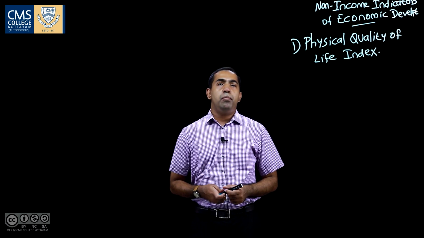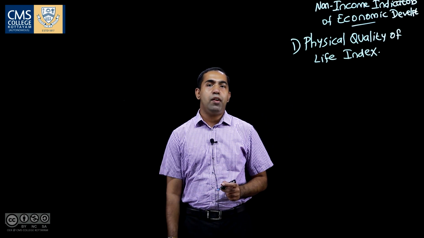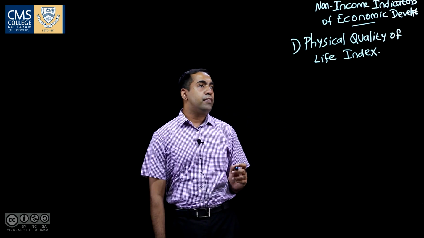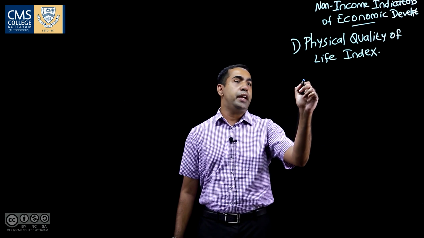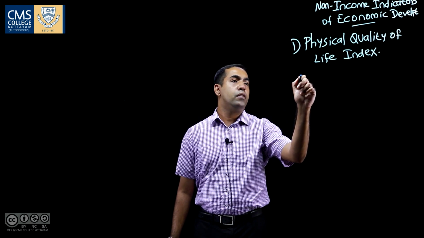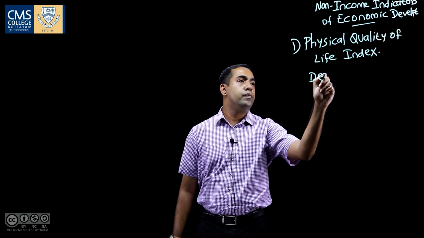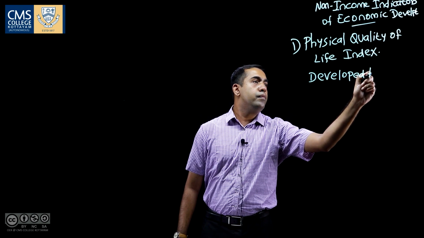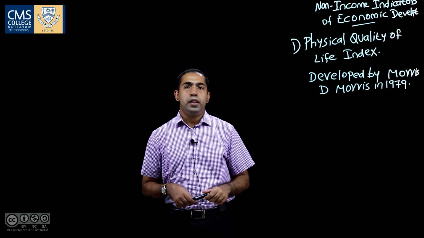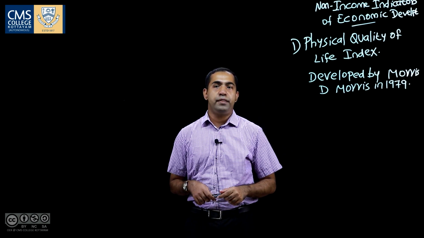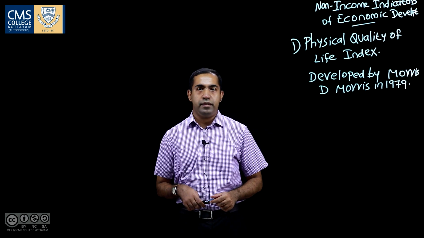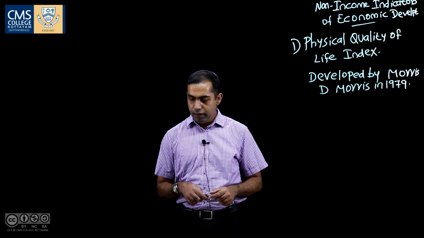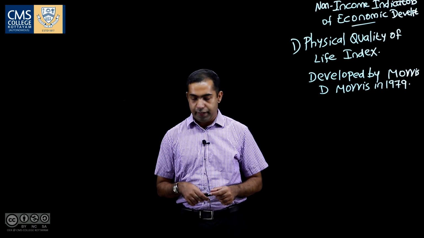It was developed for the Overseas Development Council by Morris in 1979. The indicator incorporates three variables: infant mortality, basic literacy, and life expectancy.